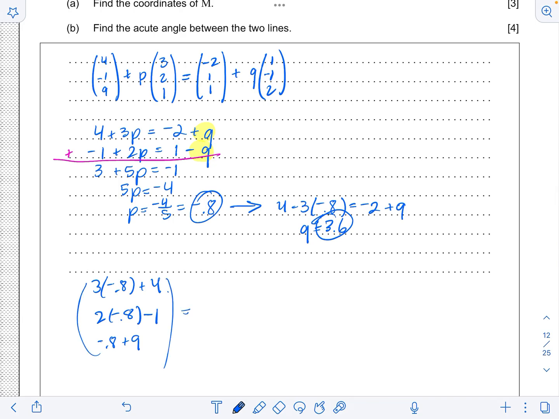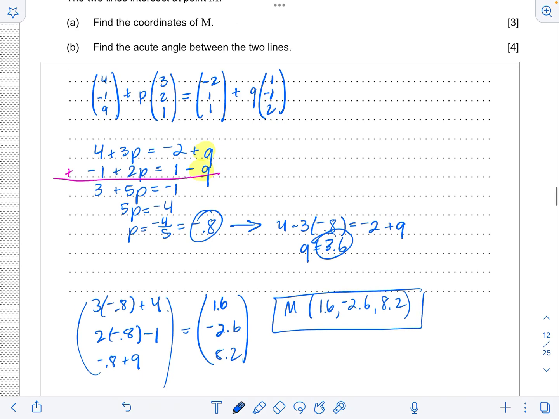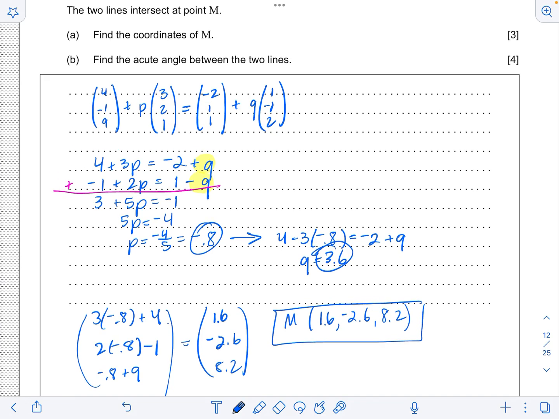That gives us the position vector of the point where these two intersect, which is 1.6, negative 2.6, 8.2, and the point itself, which is what we're asked for, is the coordinates 1.6, negative 2.6, 8.2. And that's our answer for part A, the coordinates of that point M.